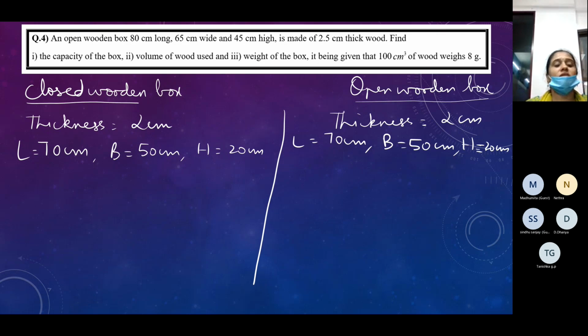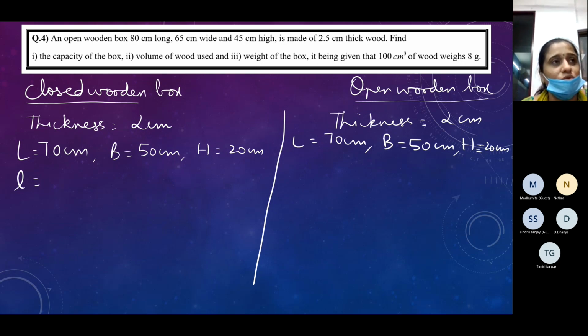So when I've used capital LBH, it is the external dimensions. Now, what will be the internal length? You'll have to subtract the thickness of the wood on both the sides.